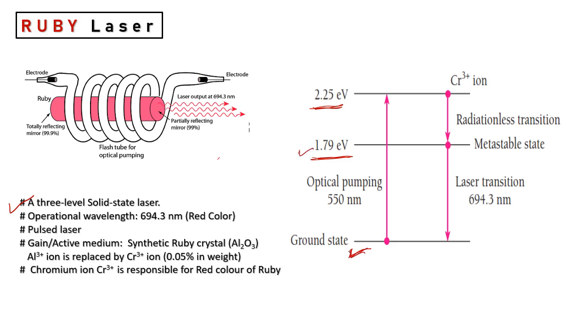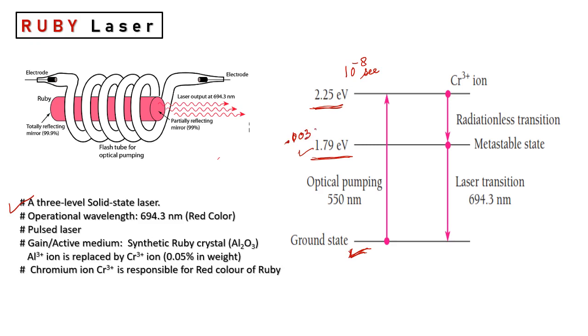Okay, so this is some ordinary state whose lifetime is going to be around 10 to the power minus 8 seconds, and the metastable state's lifetime is about 0.003 seconds.